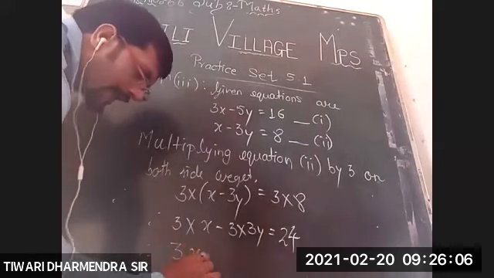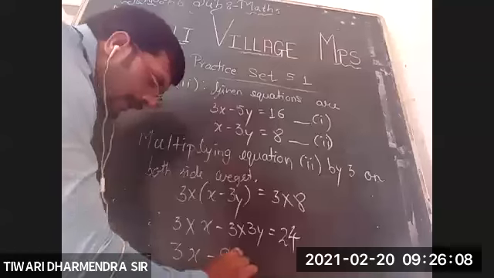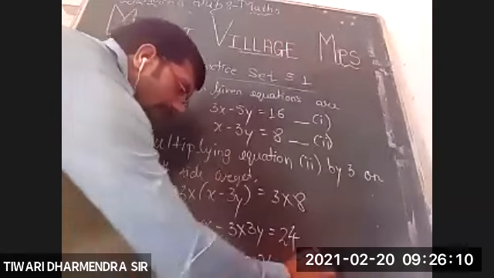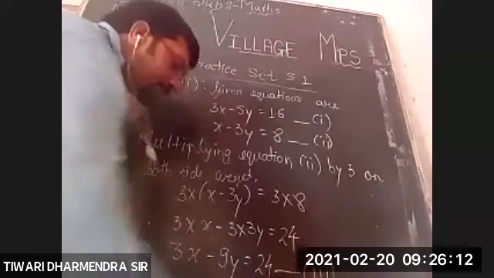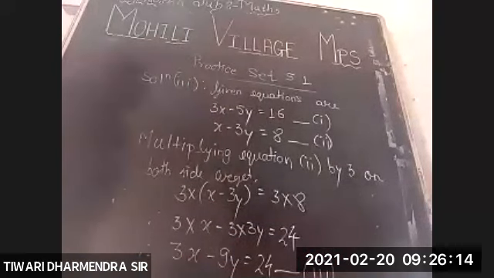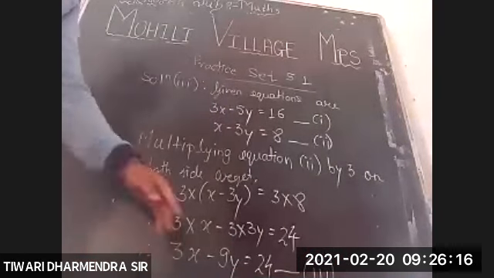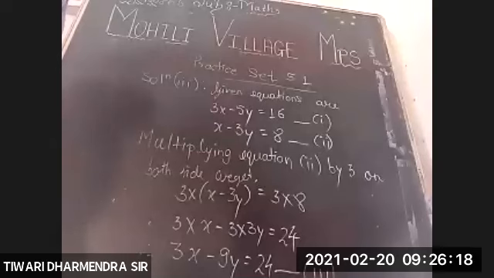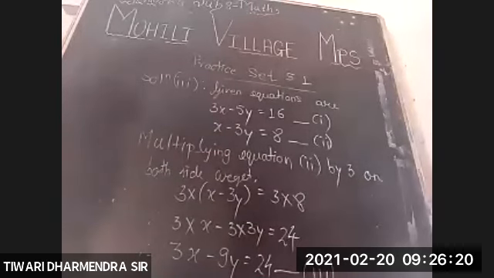Therefore, 3x minus 9y is equal to 24. This is my equation number 3. Now, observe equation 1 and equation 3. What is the similarity? Similarity is with the coefficient of x, that is 3, 3. Both are same, but sign is also same at the same time.